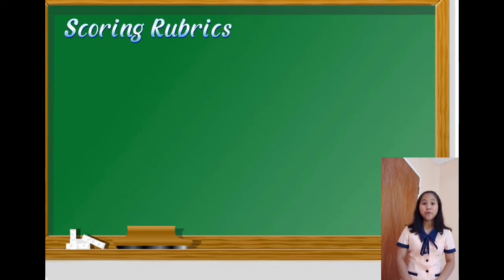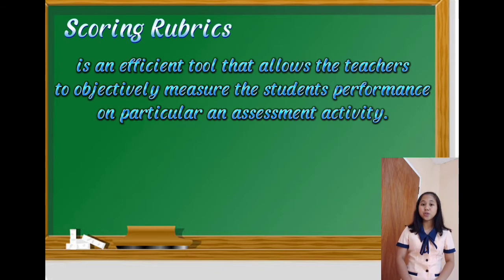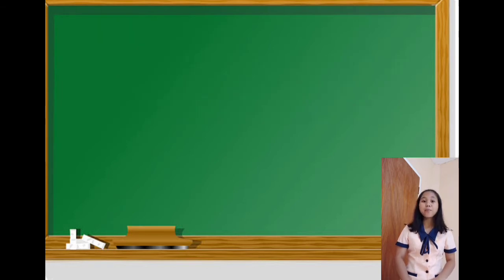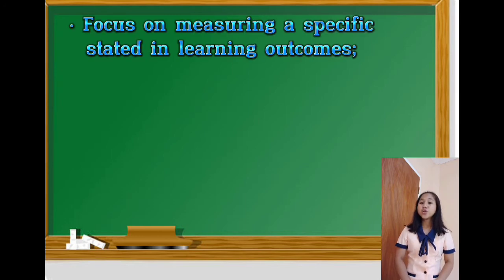What are scoring rubrics? Scoring rubrics are an efficient tool that allows teachers to objectively measure students' performance on a particular assessment activity. Rubrics may be complicated, but generally do the following. First, focus on measuring a specific outcome stated in the learning outcomes.